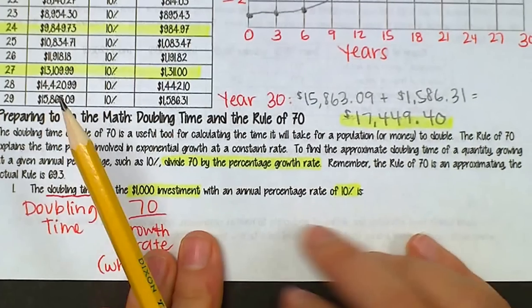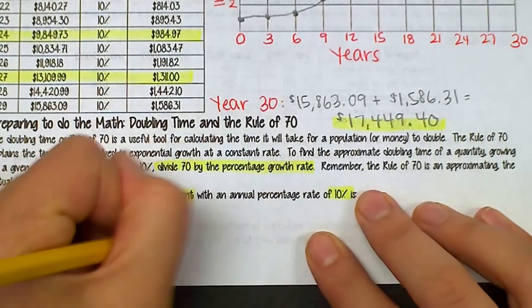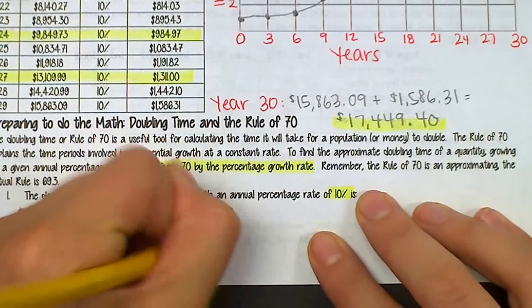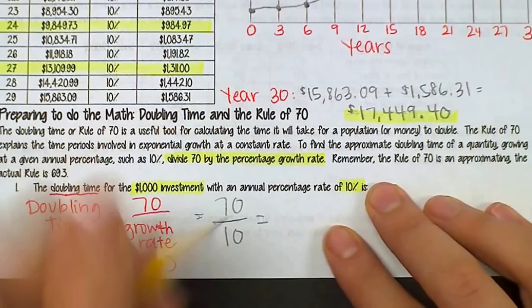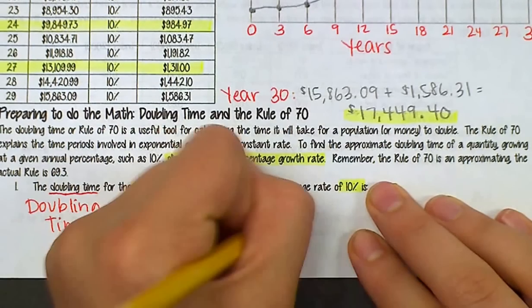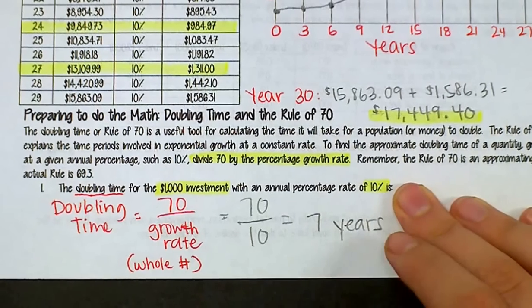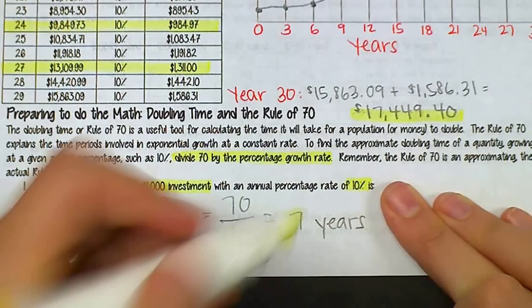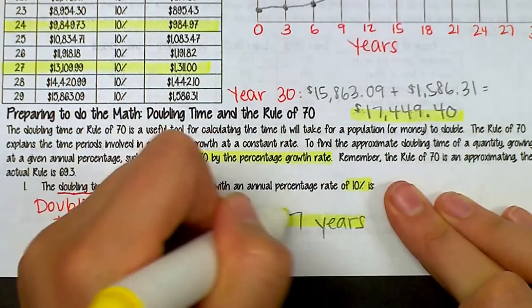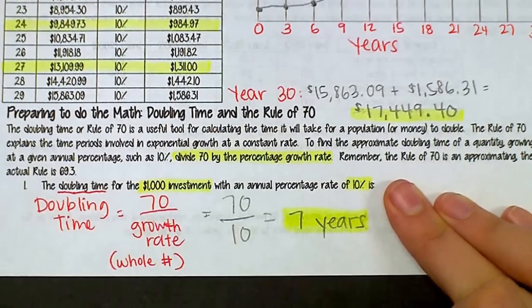So it's going to be 70 divided by 10, that's an easy one, 7 years. Okay, and that's our answer. So we have 10% as a whole number, and we have 7 years as our doubling time.